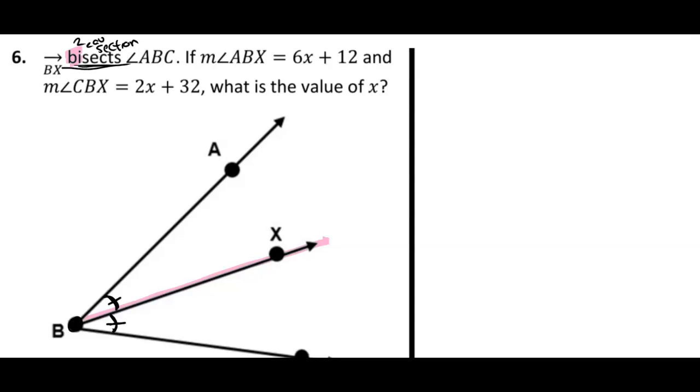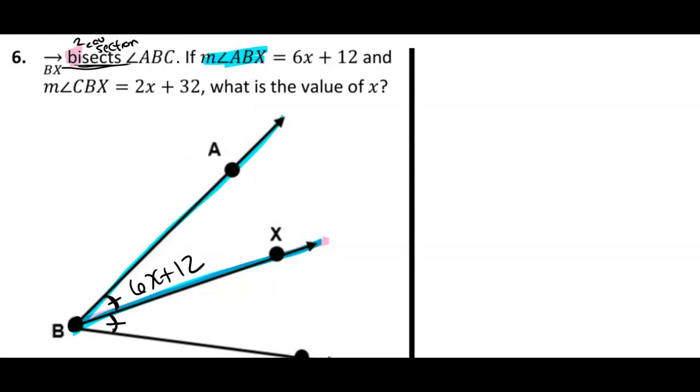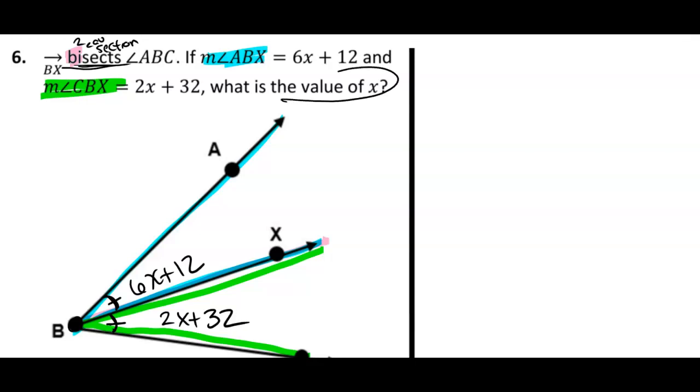And then it tells us the measurement of angle ABX, so ABX, is 6x plus 12, let's label it. And then we have the measure of CBX, this angle here, is 2x plus 32. What is the value of x?